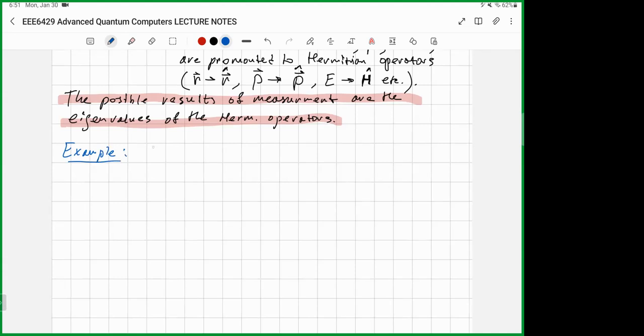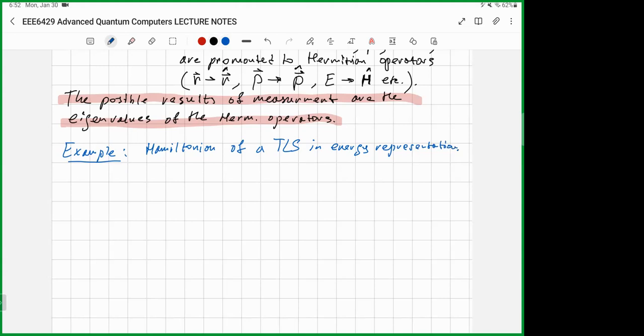Let's write down the Hamiltonian of a TLS, two-level system or qubit, in the energy representation.